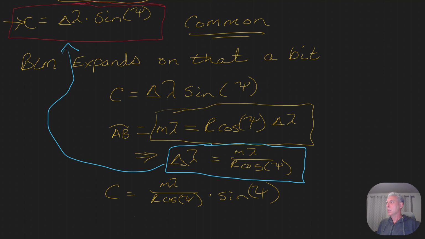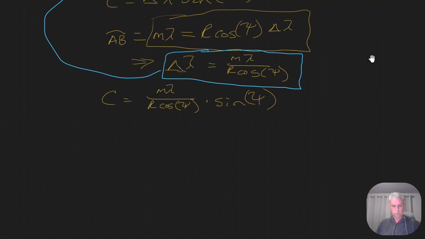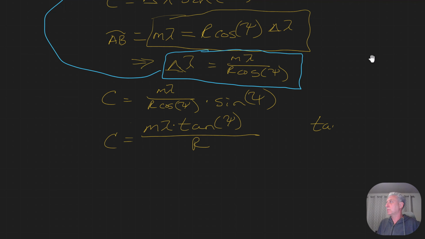which comes out to be C equals M lambda times the tan of psi over r. And that tangent just comes from the definition of tangent. So tan equals sine over cosine, which is what we have, sine and cosine. And it works out.